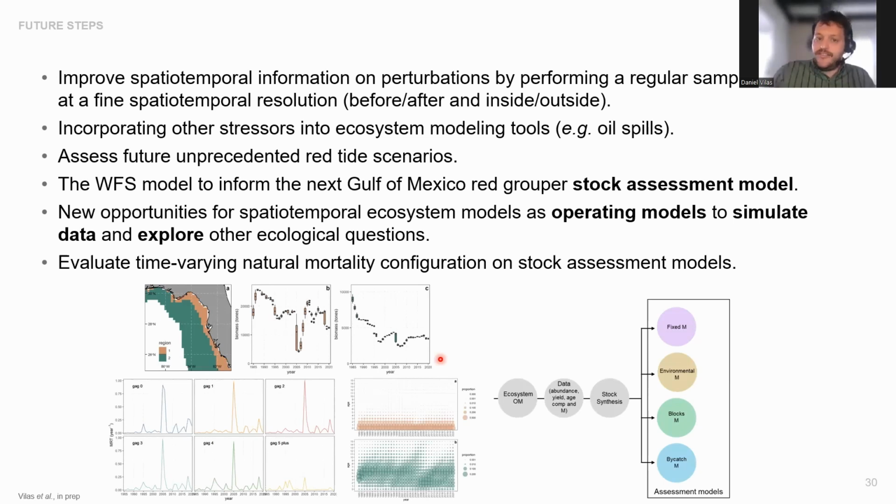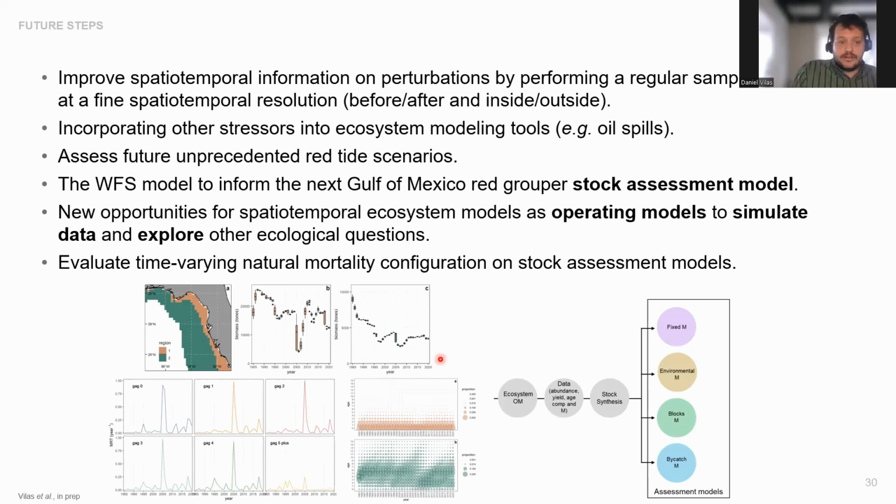It was difficult to find before, after, or inside, outside data to evaluate how our model represents the red tide impacts. It may also help to evaluate alternative stressors, such as oil spills or other kinds of stressors that may apply.